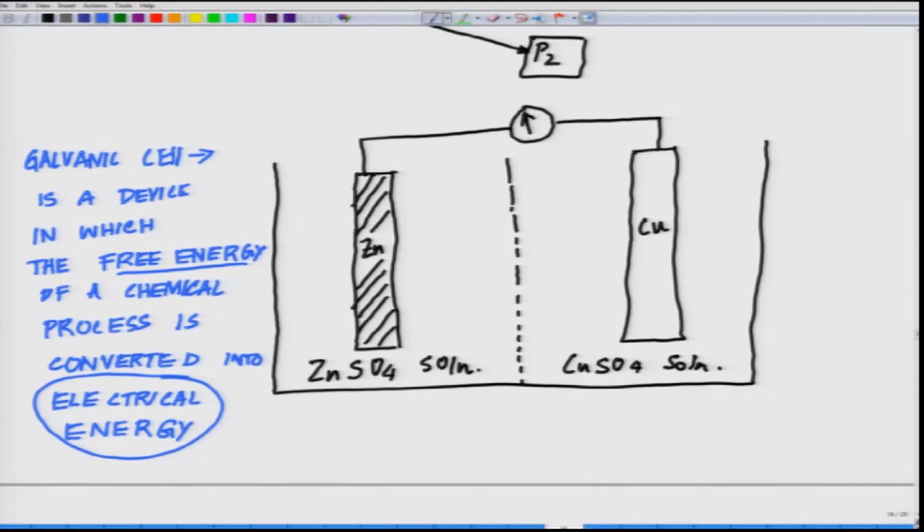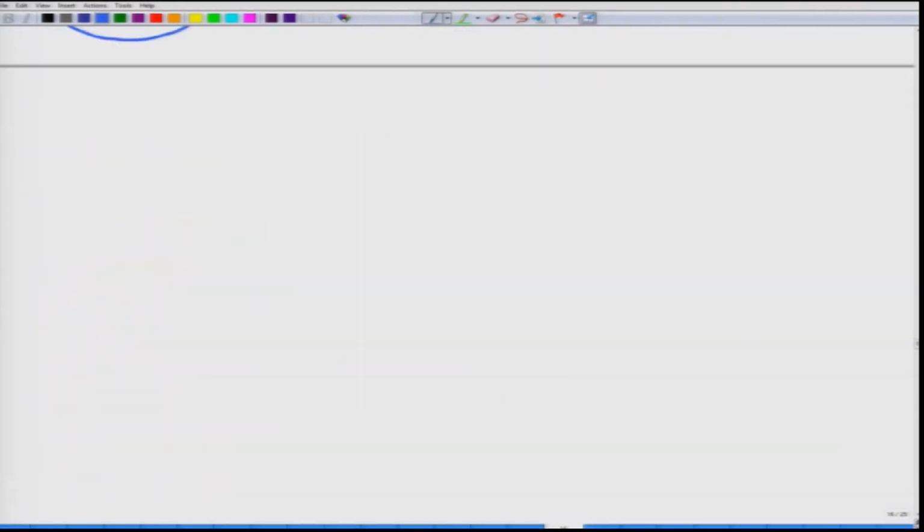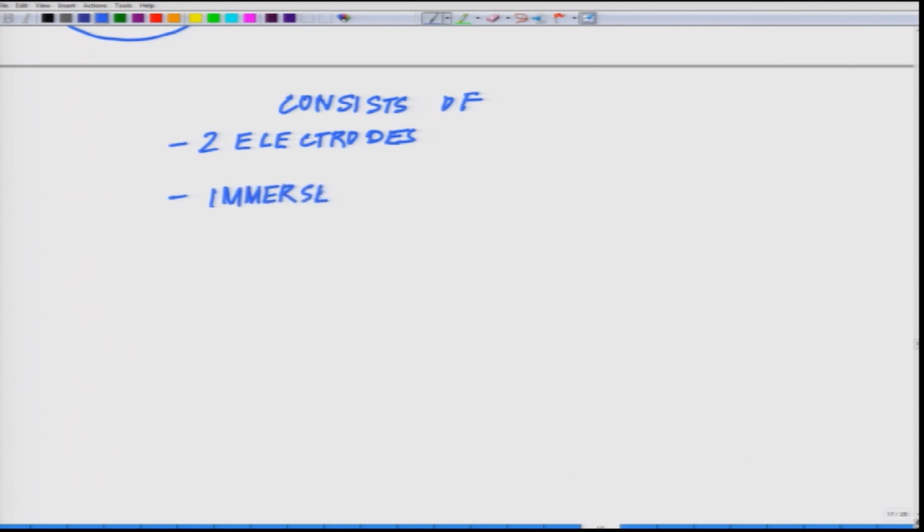Usually, not talking about the details of it, such a cell consists of 2 electrodes. The requirements are 2 electrodes, and they are immersed in one or more suitable electrolytes. We will realize why one or more.